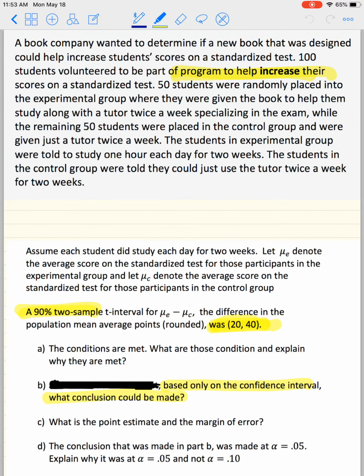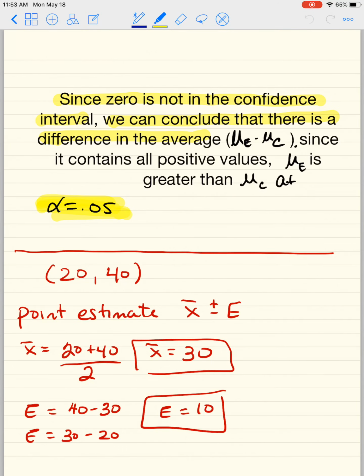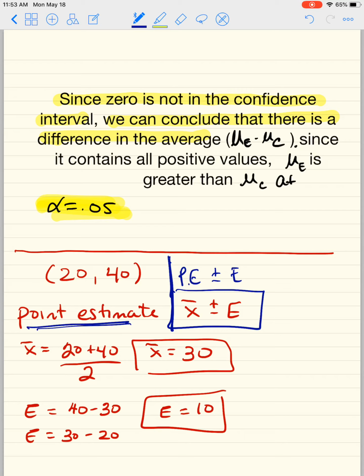Now, this says, what is the point estimate and the margin of error? Well, a point estimate is either x bar or p hat, okay? So in this case, we're talking about averages. Every confidence interval can be written as point estimate plus or minus the margin of error. To find the point estimate, that's just going to be the average of the interval. 20 plus 40 divided by 2.